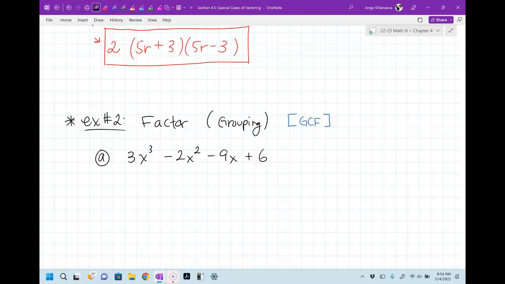So step 1, and it's a tricky step, but it's not really tricky, but there's a little thing that you can mess up and get things wrong. Step 1 is you're going to put in parentheses the first 2 terms and the last 2 terms.